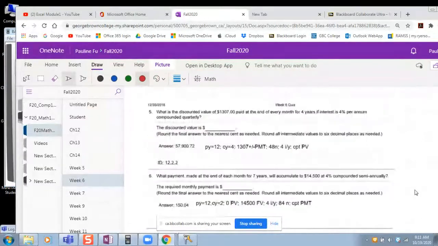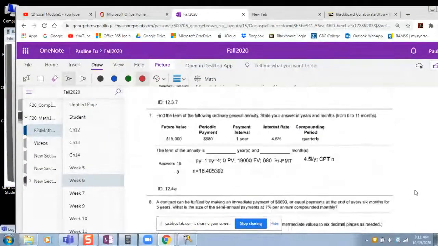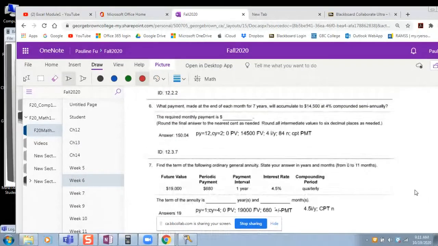Now let's do this one. Question 6. What payment made at the end of each month for 7 years will accumulate to 14,500 at 4% compounded semi-annually? What payment means what is PMT?